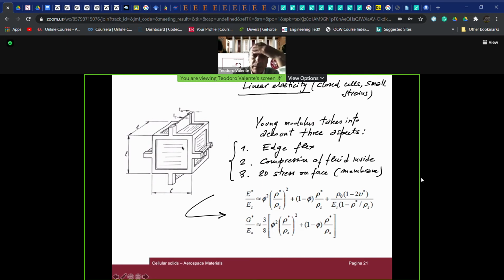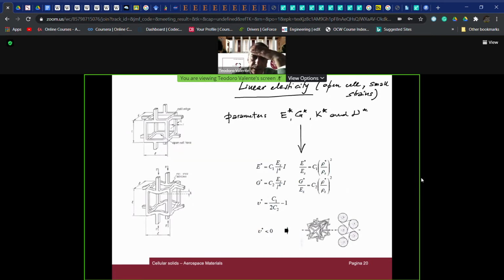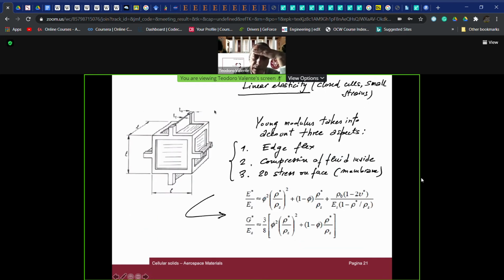Well, the main difference between this configuration here, reported geometrically for simplicity as a cube, and the configuration reported here, which is again a cube, is that in the case of closed cells, first of all, we have mass on the faces, you see here.